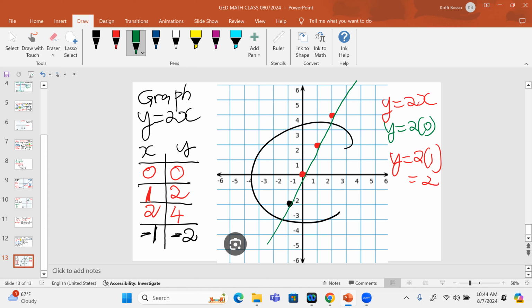Yeah, (0, 0), (1, 2), (2, 4), (-1, -2). I can put more. I can go further. Here it is going by 2 because the equation is 2x. That's why it's going by 2, by 2, by 2. So if it's 3x, it's gonna be by 3, by 3, by 3. So it depends on the slope. The slope is telling you how this is going.